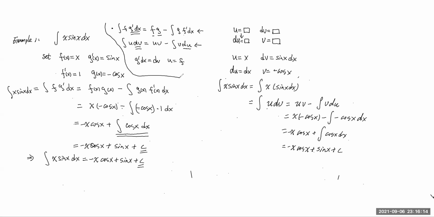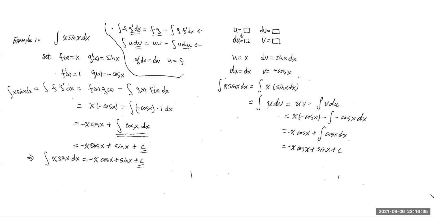If you look at this problem, when you are doing a problem, you have to figure out what's u or what's f, what's g', or you have to figure out what's u, what's dv, right?